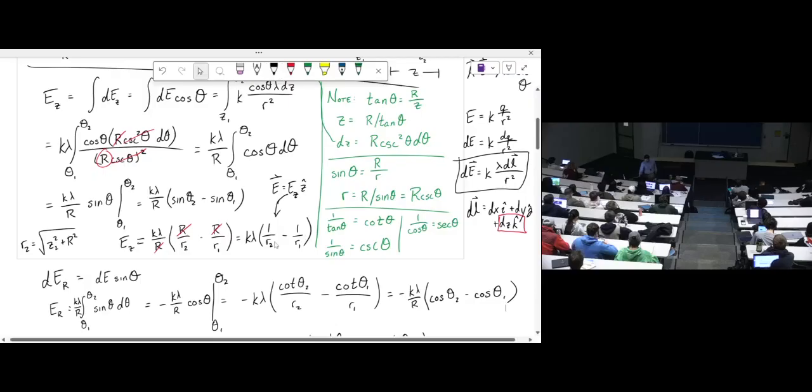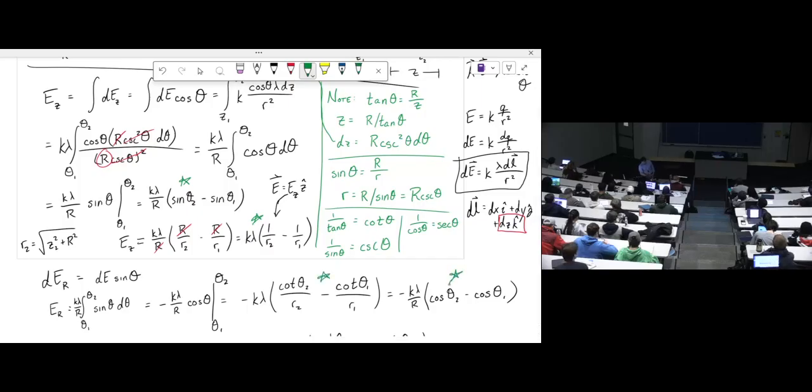Looking at this solution for E sub z, or either of these solutions for E sub r, one of the classic examples we go to is, okay, what if this arbitrary line of charge becomes infinitely long?